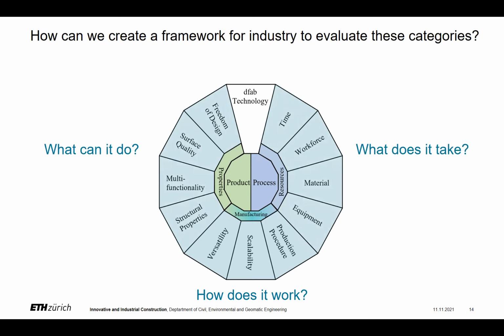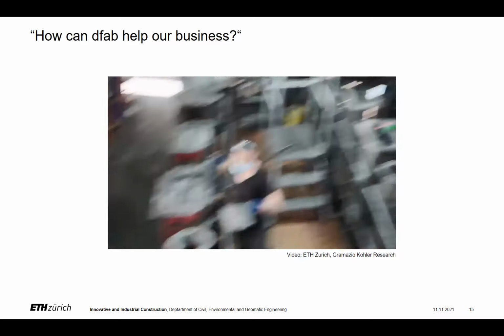So how can we create a framework for industry to evaluate these categories? Or in other words, how can we help them answer the question, how can dfab help our business? Here we can see one of our industry partners who is currently dissatisfied with the processes at their disposal.